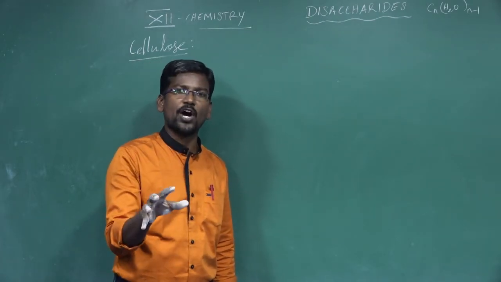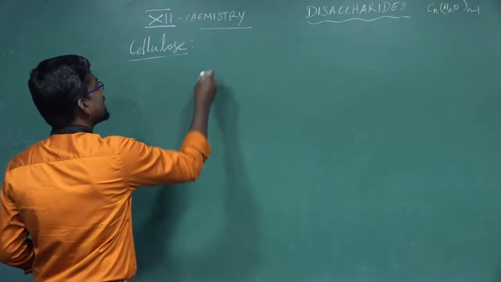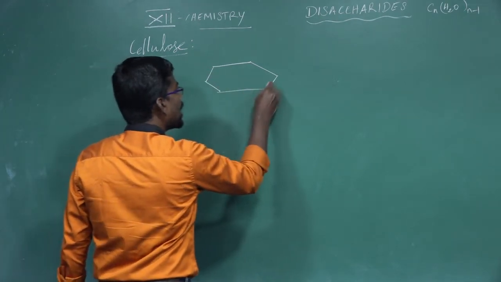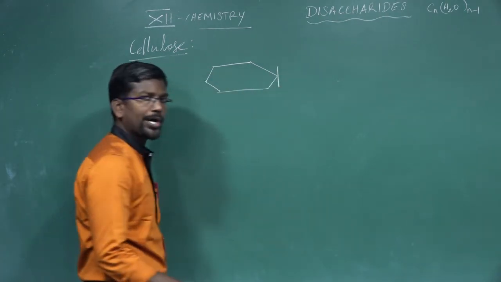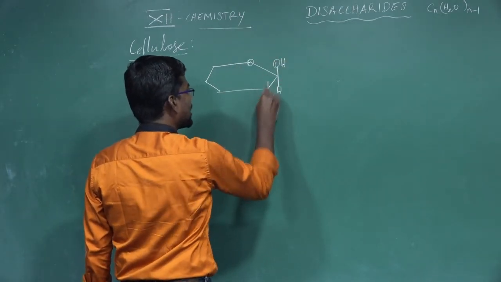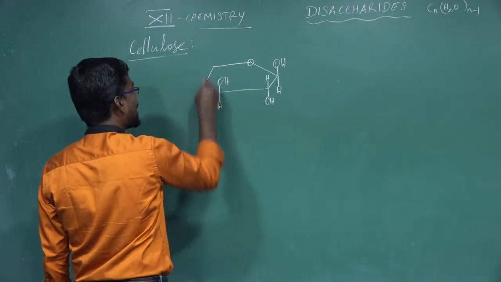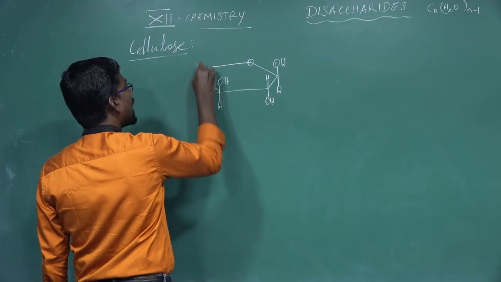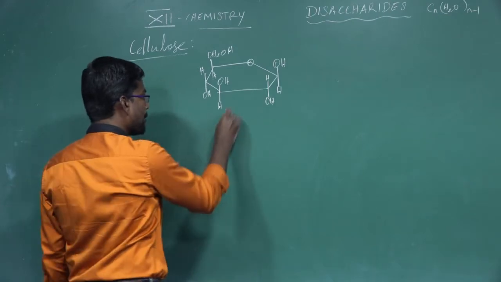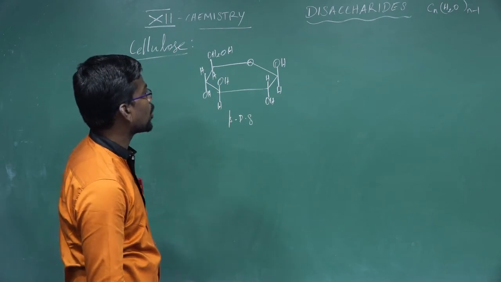Cellulose is composed of beta D glucose, not alpha. What is the meaning of beta D? Beta indicates that the OH group on the anomeric carbon faces upward. This is beta D glucose, beta D glucopyranose.